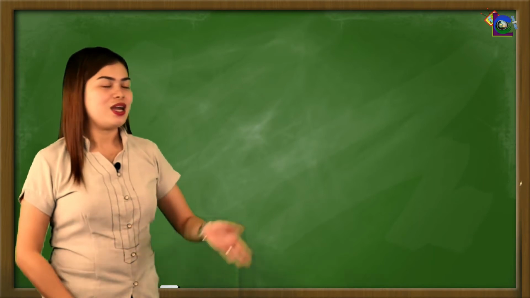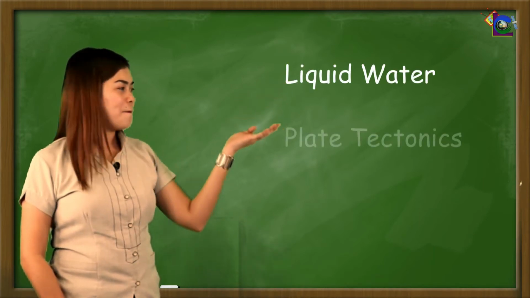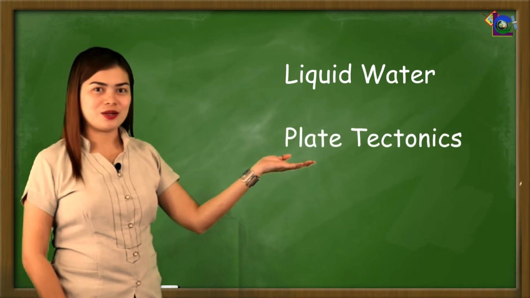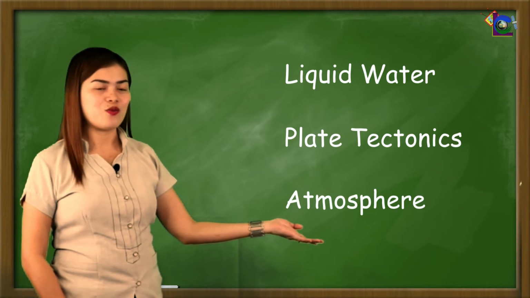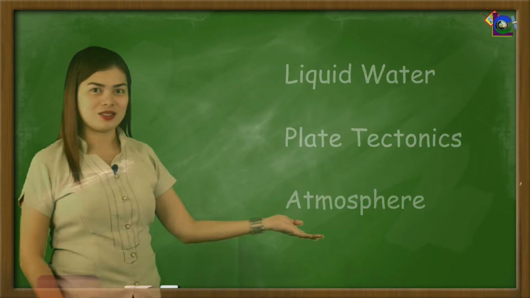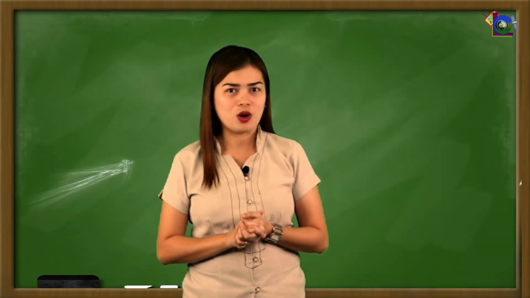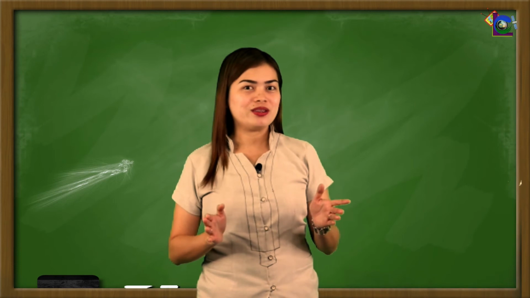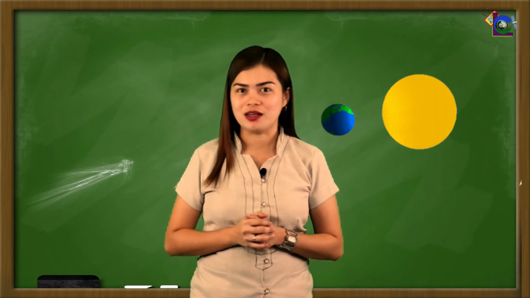These are the reasons why planet Earth is a unique one. First, it has liquid water. Second, plate tectonics. Third, it has an atmosphere that shelters it from the worst of the sun's rays. Earth is the only planet in the solar system that has a large amount of liquid water. Planet Earth is habitable because it has the right distance from the sun.